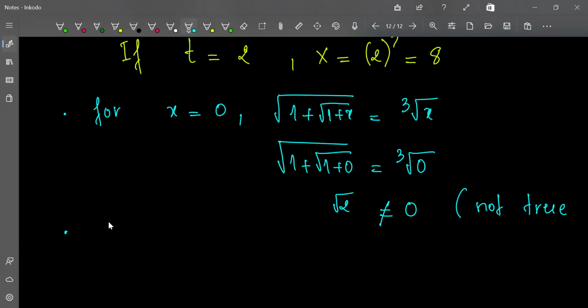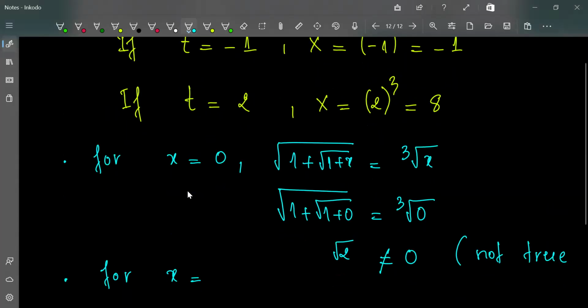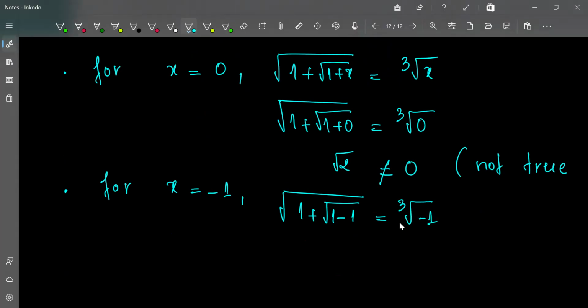So next we need to verify x equal to -1. Okay, for -1, we can write 1 plus the square root of 1 minus 1 equal to the cube root of -1.